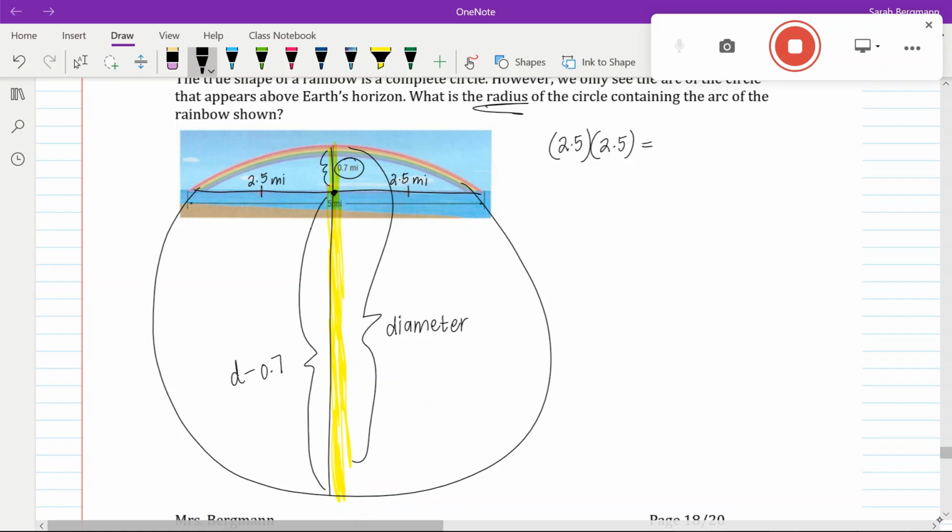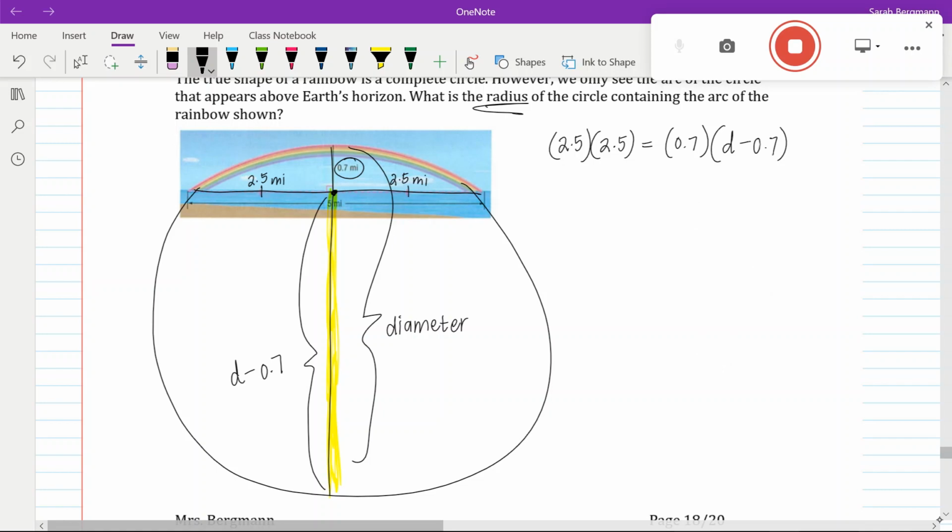The first chord segment up at the top is equal to 0.7. So this is one piece of the chord. The other chord segment that forms the diameter is this part at the bottom. We said that this chord segment is equal to diameter minus 0.7, or d minus 0.7. Now we should be able to solve this.